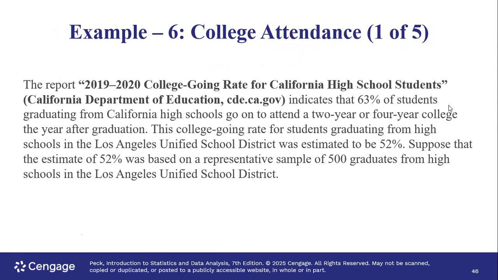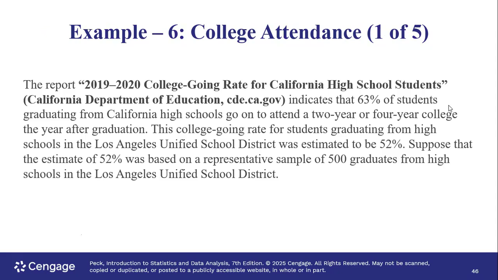The college-going rate for students graduating from high school in Los Angeles Unified School District was estimated to be 52%. Suppose that the estimate of 52% was based on a representative sample of 500 graduates from high schools in the Los Angeles Unified School District.